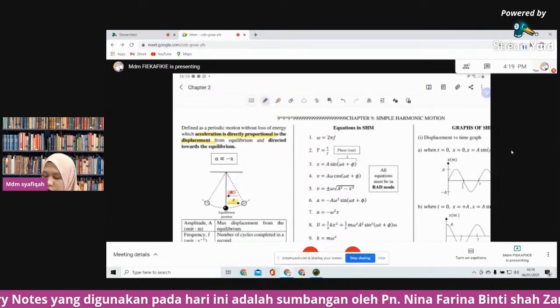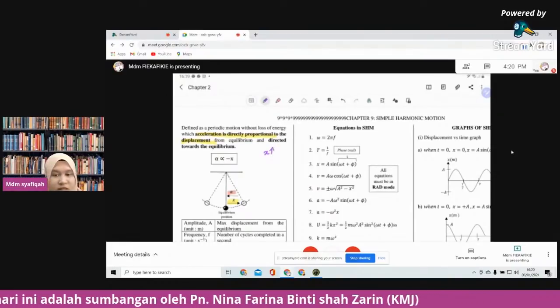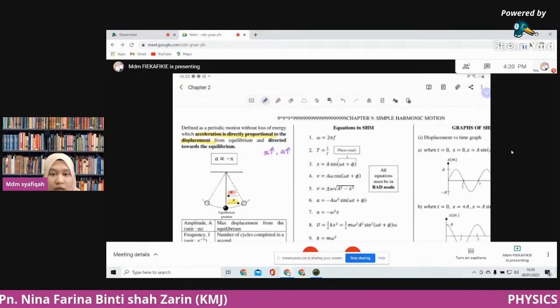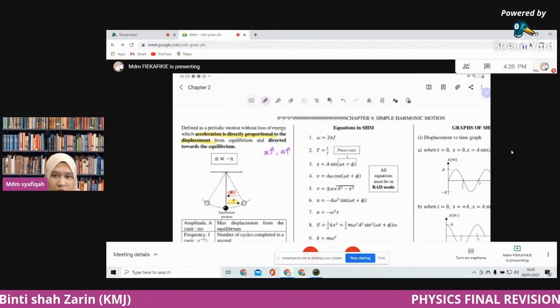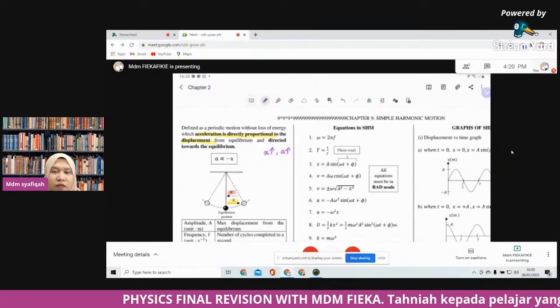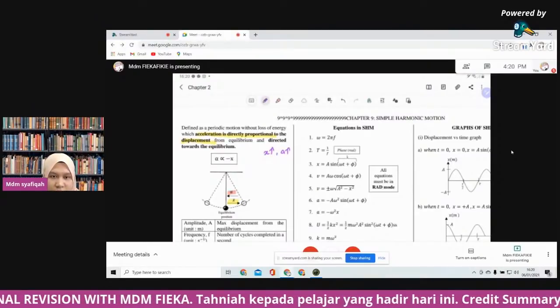So directly proportional means that if x is bigger, a is also bigger. If you have a pendulum and you pull it higher, what happens to the acceleration? The acceleration will increase. But the direction of the acceleration is towards the equilibrium.